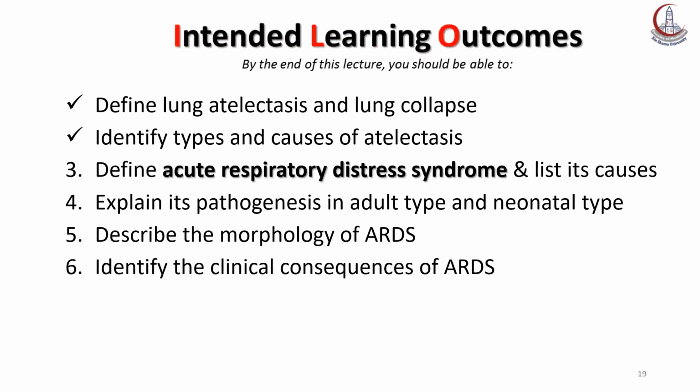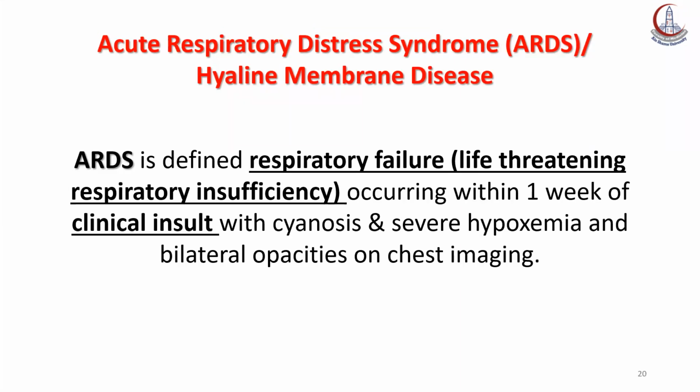Then we will move to the second topic today, which is acute respiratory distress syndrome. The definition of this syndrome is respiratory failure or life-threatening respiratory insufficiency occurring within 1 week of clinical insult, with cyanosis and severe hypoxia and bilateral opacities on chest X-ray.